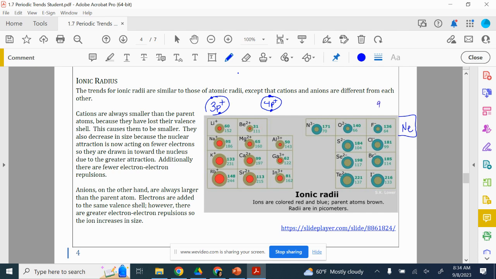My fluorine has 9 protons. 2 here. I've got 1, 2, 3, 4, 5, 6, 7. Here I've got 8 protons. 2, 3, 4, 5, 6. And then nitrogen, I've got 7 protons.